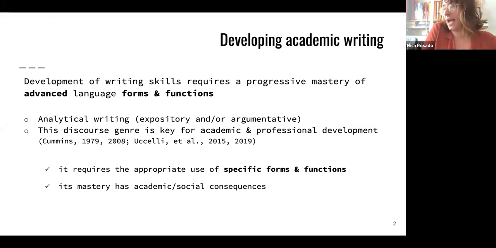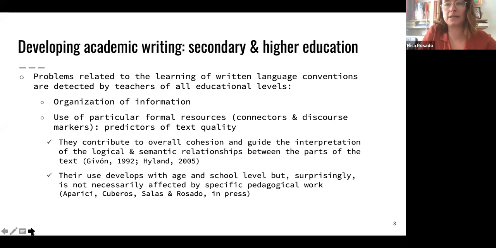We are discussing analytical writing, and we are aware of how big this umbrella term is and what's under it. But we're specifically mostly talking about expository argumentative writing. Okay, I'll be pleased to discuss that later on if you feel like it. And we assume, as you probably do too, that it is key for academic and professional success, and that's a crucial starting point, right?